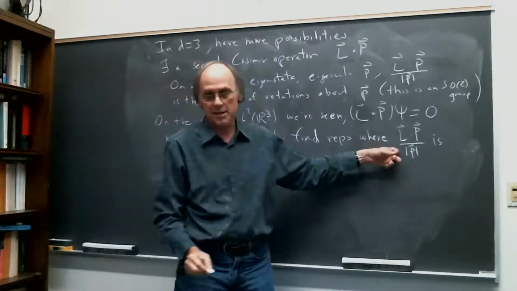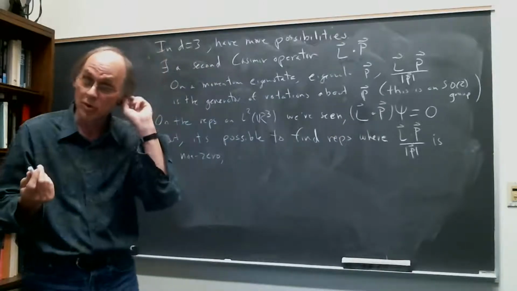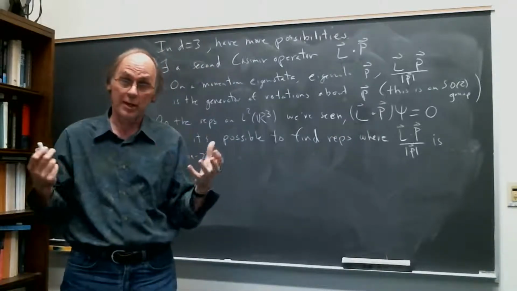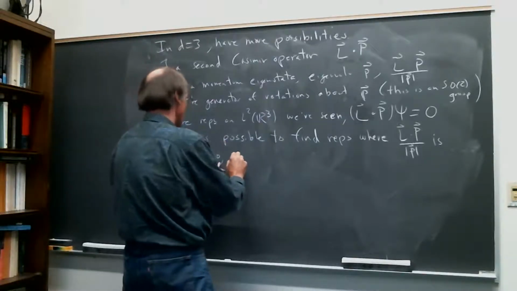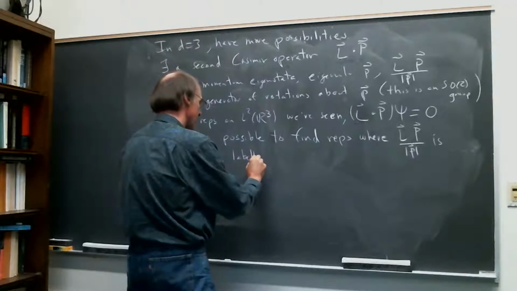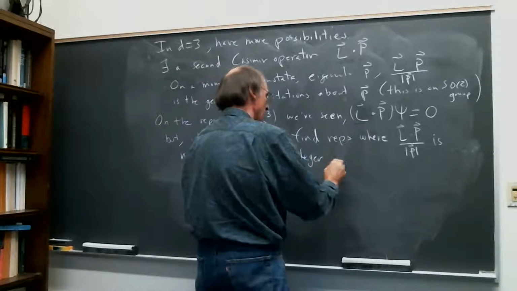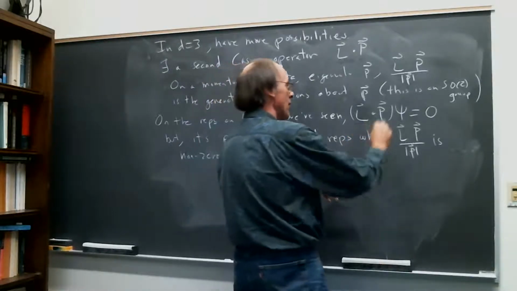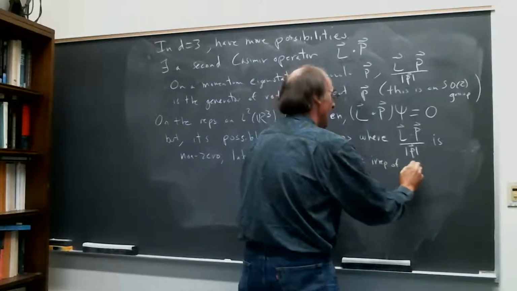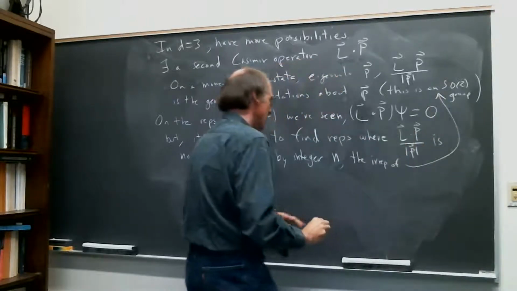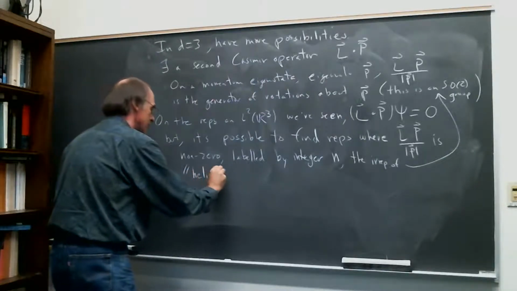And since this thing generates an SO2, and you know the SO2 representations are labeled by an integer n, the name for this is the helicity.